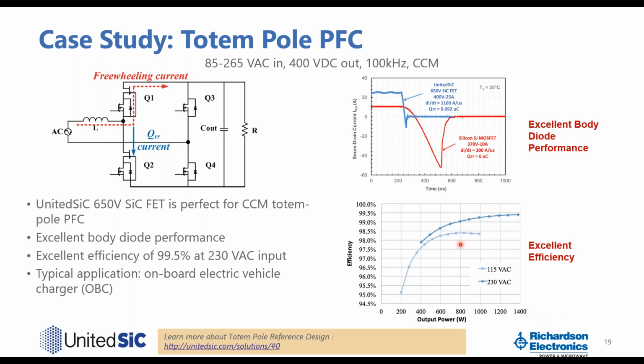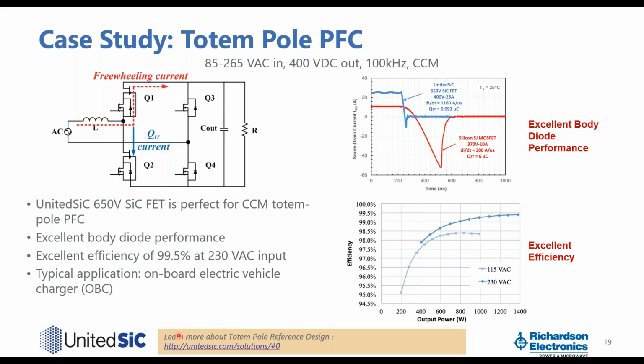For the low line, the efficiency is up to 98.5%, and for the high line, 230 volt AC, we can achieve 99.5% efficiency. So this is really great. And the typical application for this circuit is onboard EV charger, OBC. And we have a lot of customers interested in this device for this particular application.